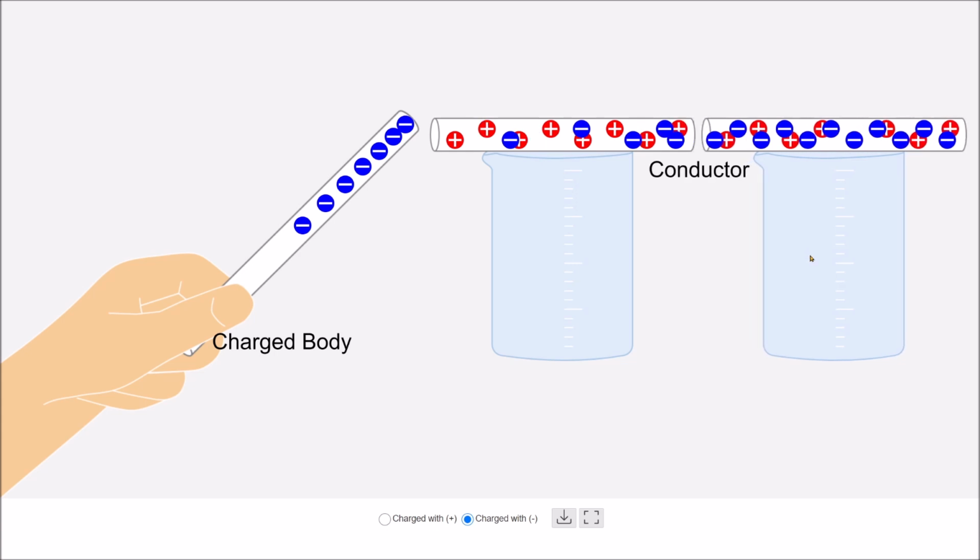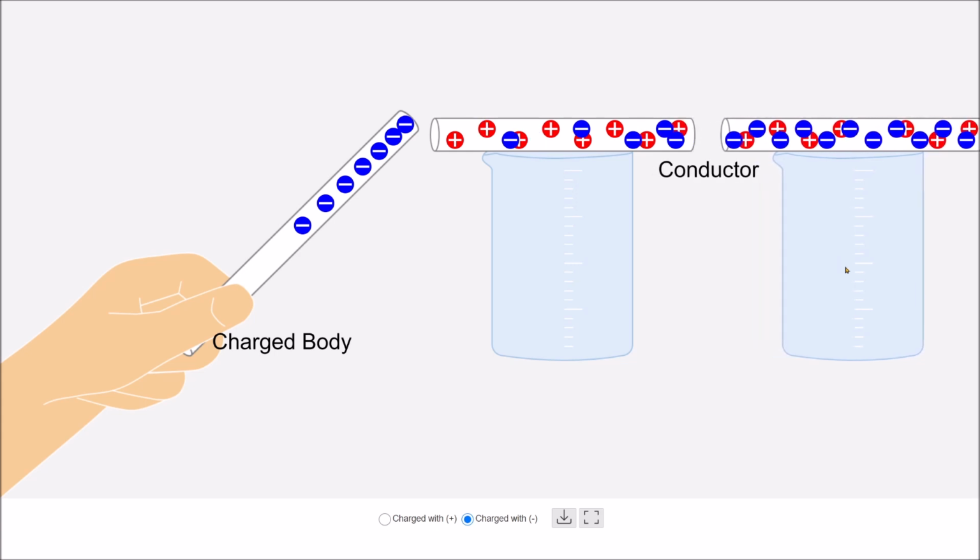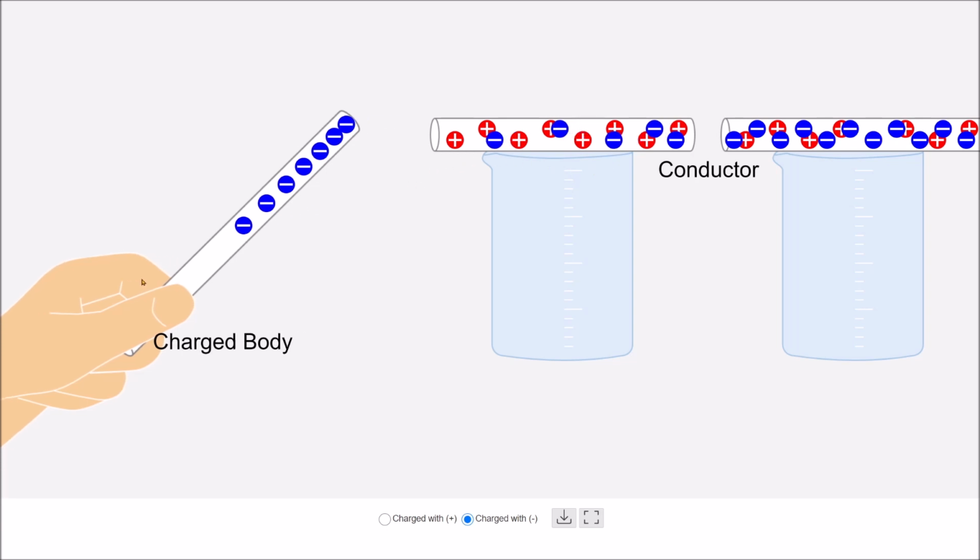So I separate these two conductors. You can see that with the two conductors separated, the conductor on the right has excess electrons, so it's now negatively charged. The one on the left has fewer electrons, so it's now positively charged. Okay, so I can move my hand away.